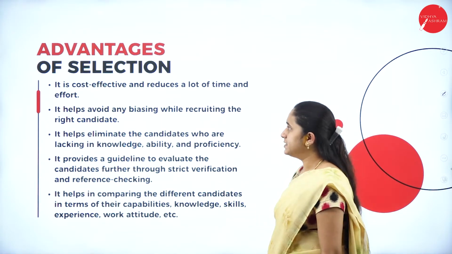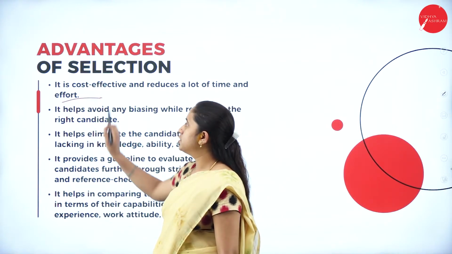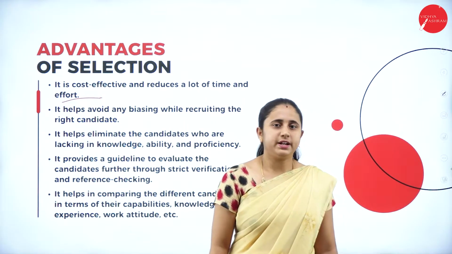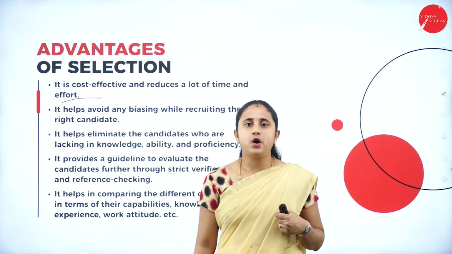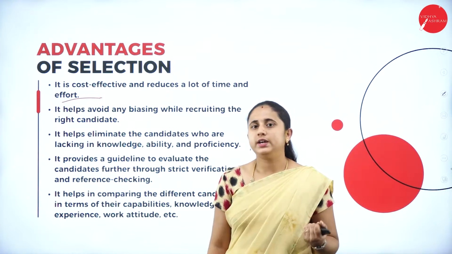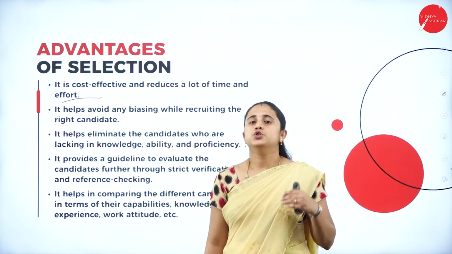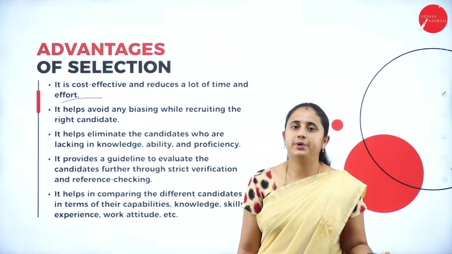Moving further, what are the advantages of selection? The first one, it's cost effective and reduces a lot of time and effort for the management. Now, we stimulate the people to apply for the job in the organization, and in recruitment we collect the applications from the candidates. So we don't go for an external source like a consultancy agency or job recruitment agency.